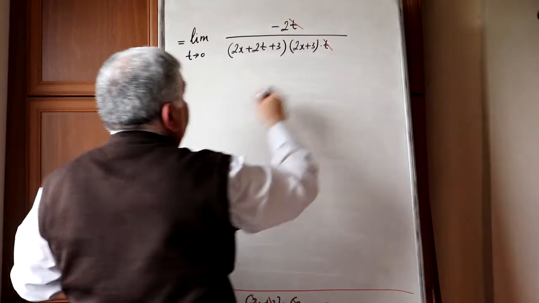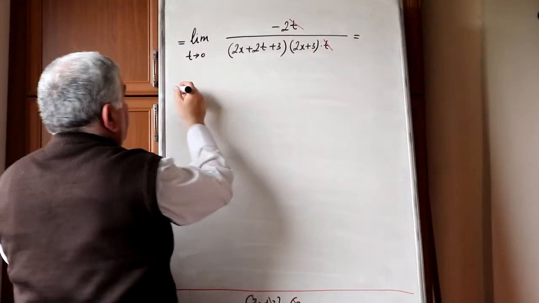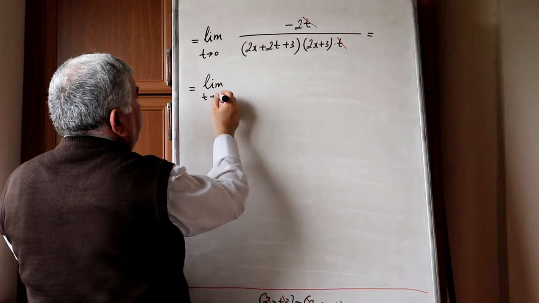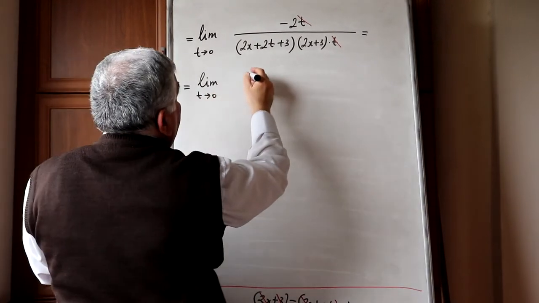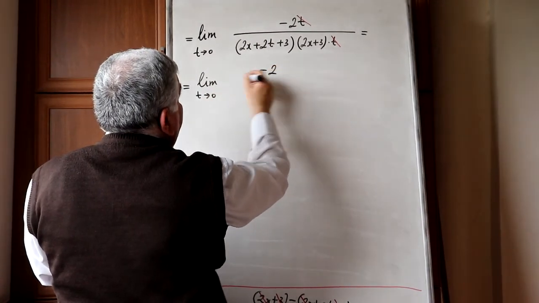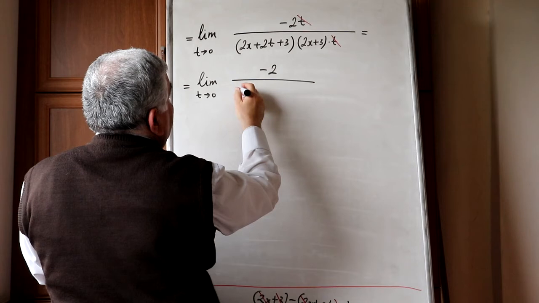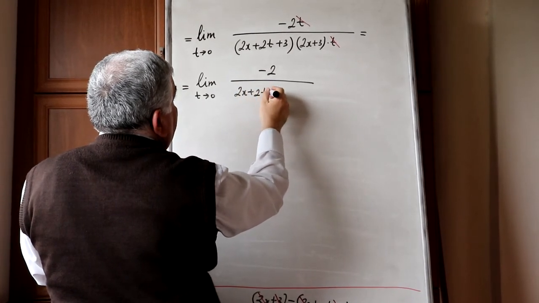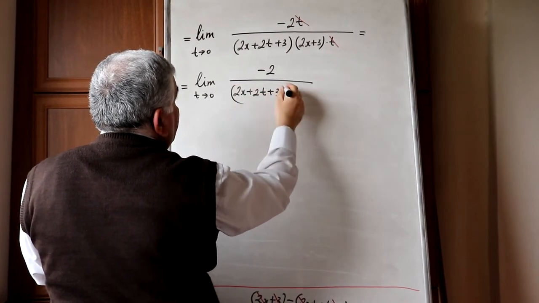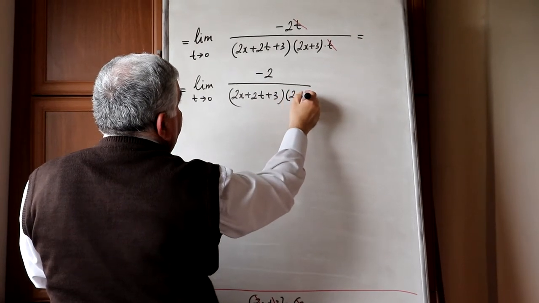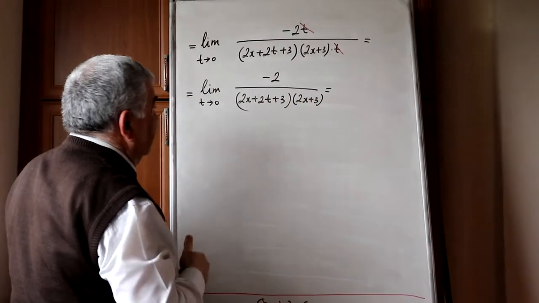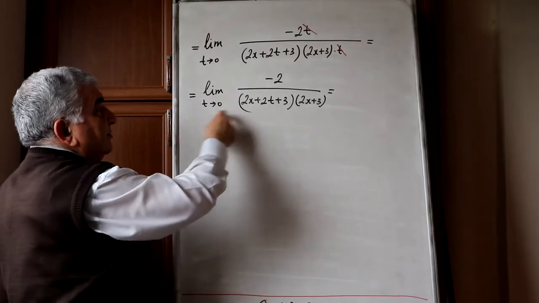Then we have the limit when t tends to 0 of minus 2 over 2x plus 2t plus 3 multiplied by 2x plus 3. Here t tends to 0, it means we must substitute 0 instead of t.